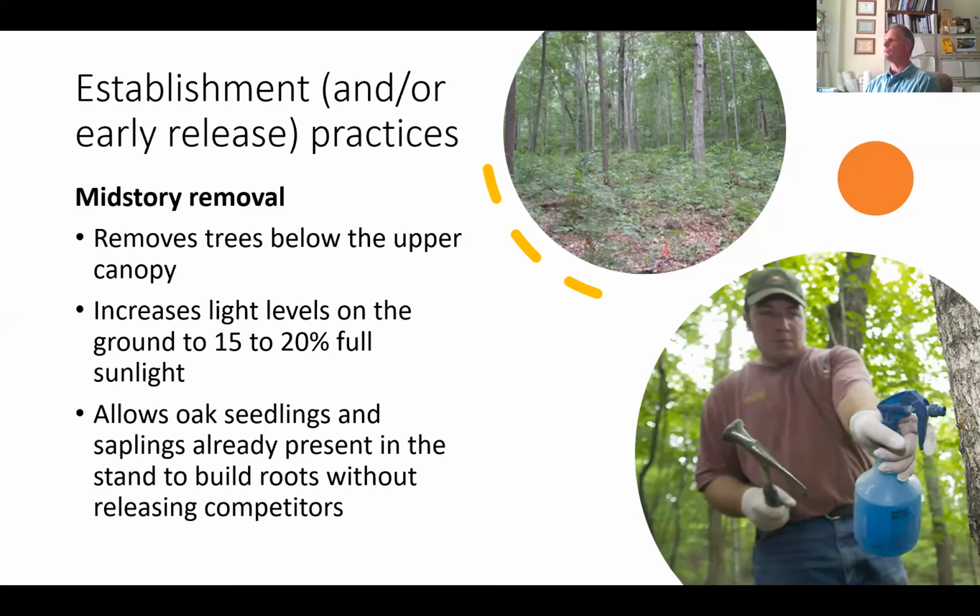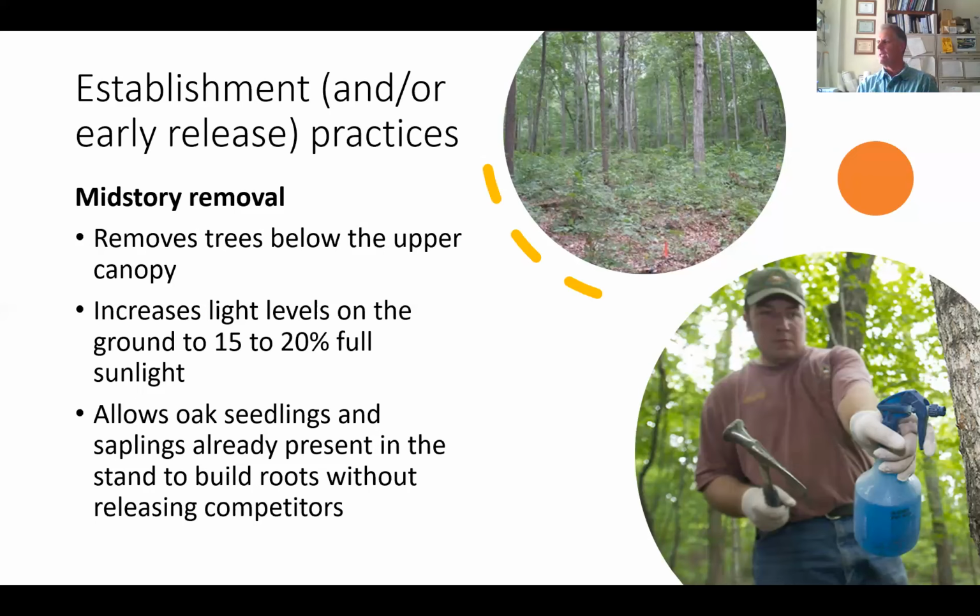This is where we remove trees below the upper canopy, so the mid-story trees and some of the understory trees. What this has the effect of is it increases the light levels on the ground to a level of about 15 to 20% of full sunlight.